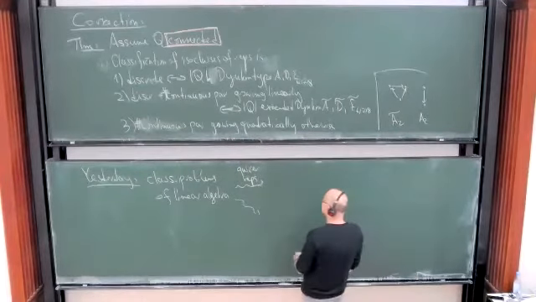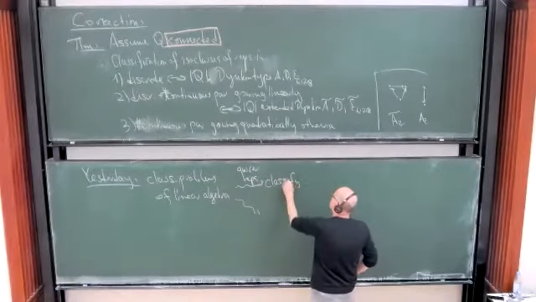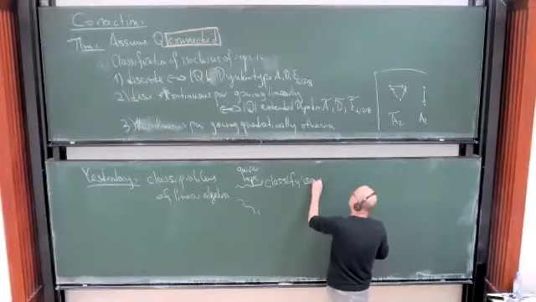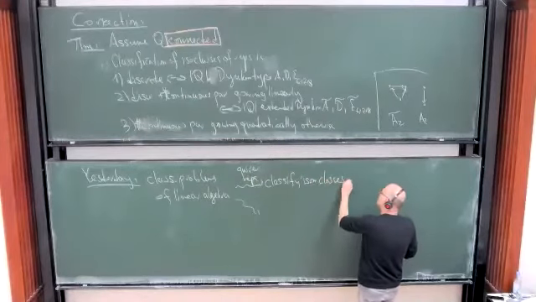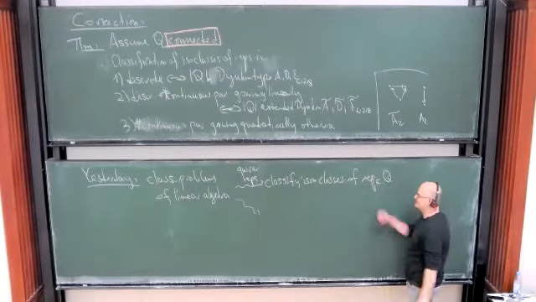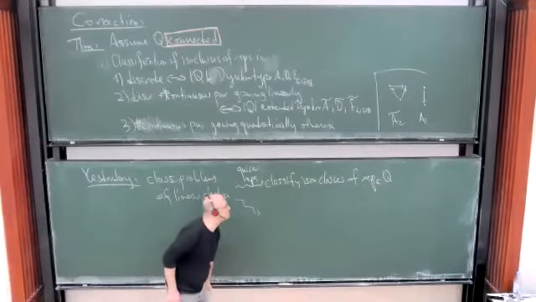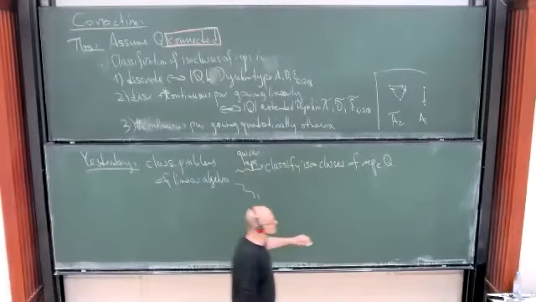And the algebraic setup is: classify isomorphism classes in a category of representations, a nice abelian finite length C-linear category. So that was the algebraic approach.